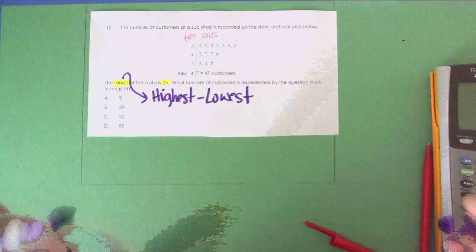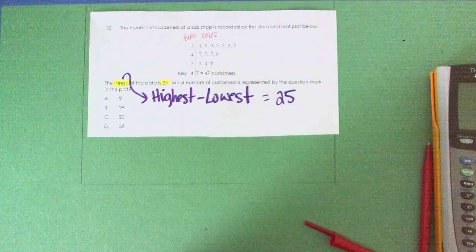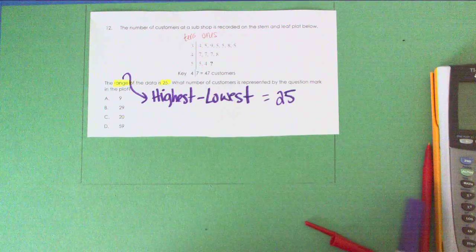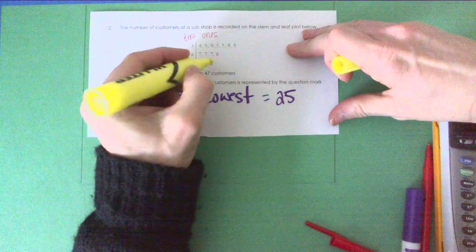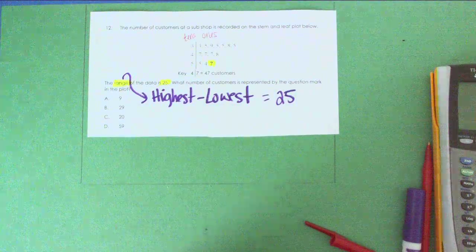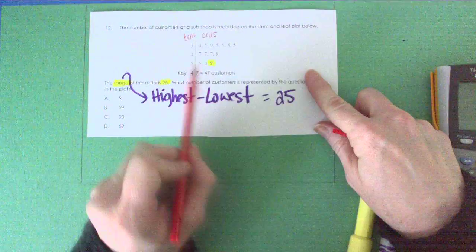Okay. So they're asking me, what number of customers is represented by the question mark in the plot? Well, let's find the question mark. The question mark up here is right here. So that's the ones column here with a tens of 5.